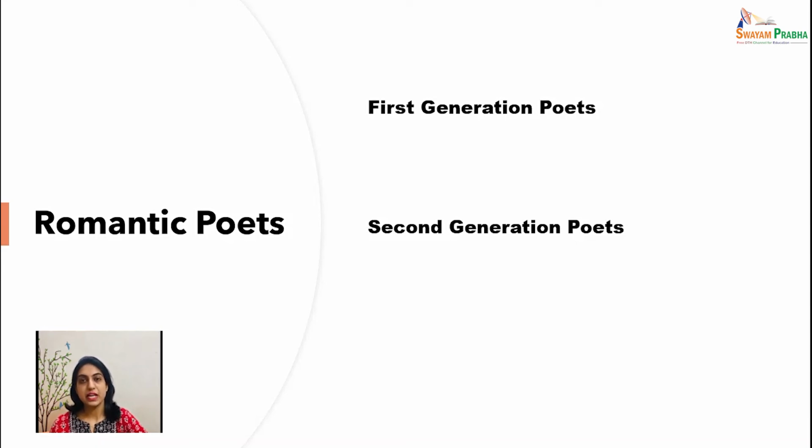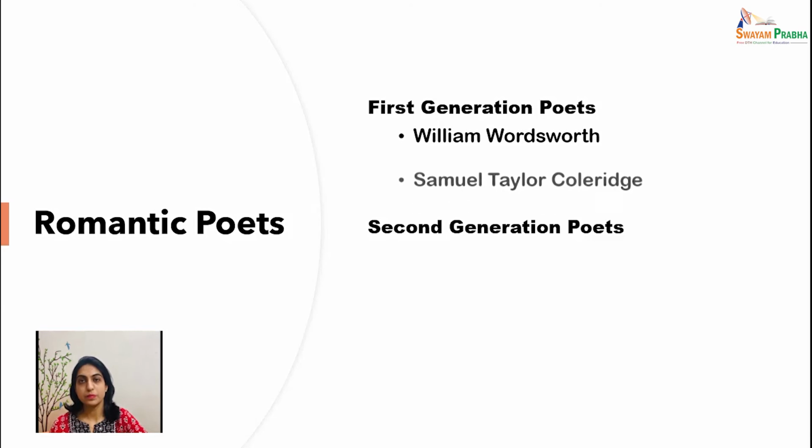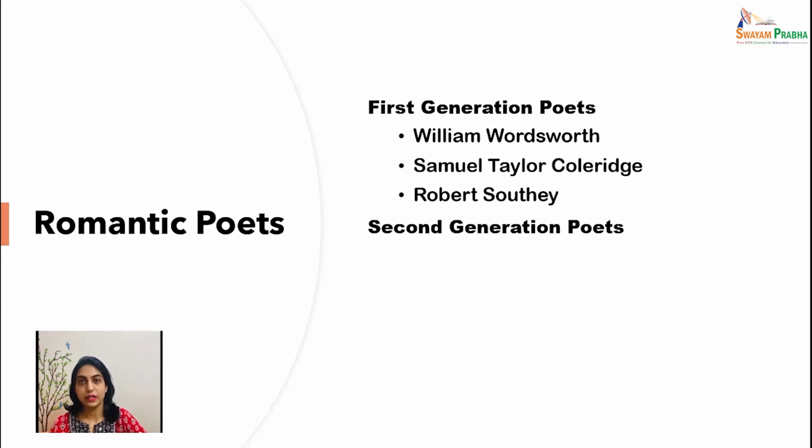Besides Wordsworth and Coleridge, some scholars believe William Blake also to be a part of the first generation poets, whereas some tag Blake as a pre-romantic poet and include Southey with Coleridge and Wordsworth. However, in this lecture, we shall go with the latter classification as we have already discussed William Blake in the pre-romantics.